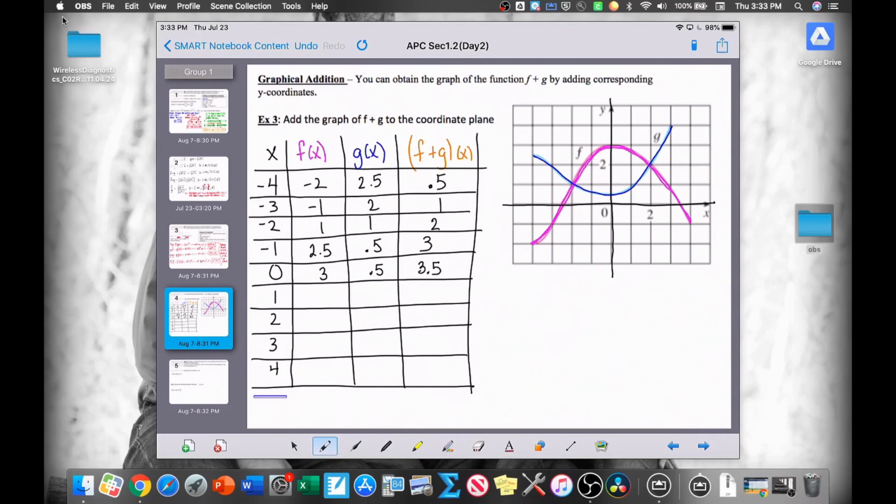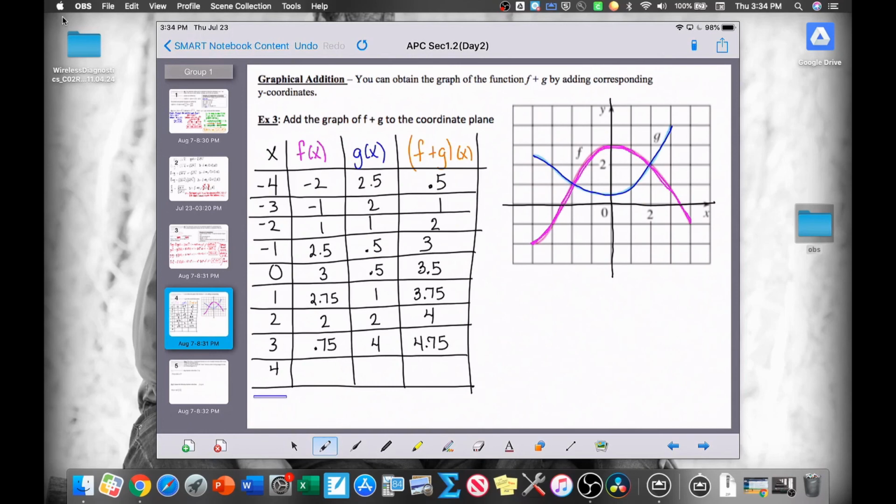When x is 1, f of x is 2.75, g of x is 1, so f plus g will be 3.75. When x is 2, f of x is 2, g of x is 2, so f plus g will be 4. When x is 3, f of x is about 3/4, or 0.75, g of x is 4, so f plus g will be 4.75.